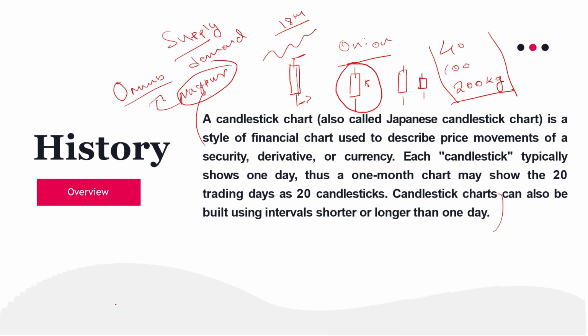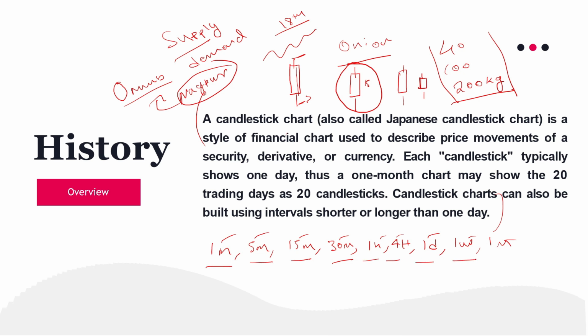The typical candlestick time frames in technical analysis are 1 minute, 5 minutes, 15 minutes, 30 minutes, 1 hour, 4 hour, 1 day, 1 week, and 1 month.